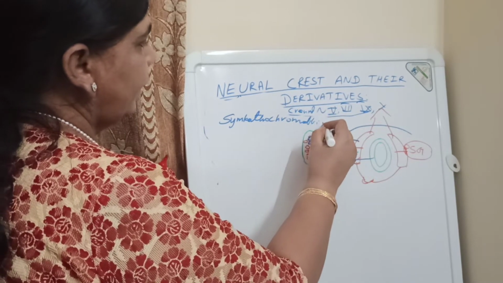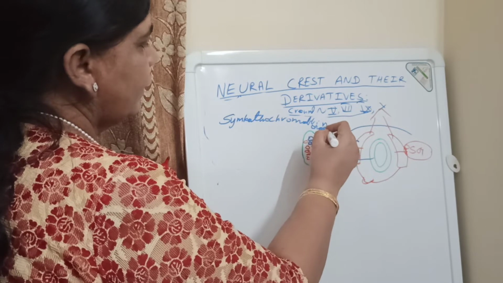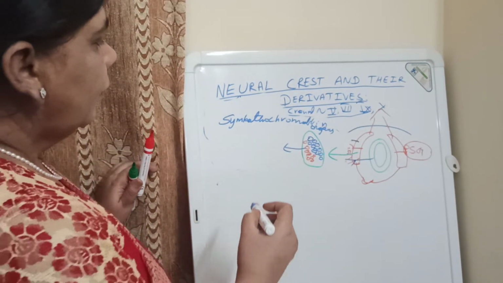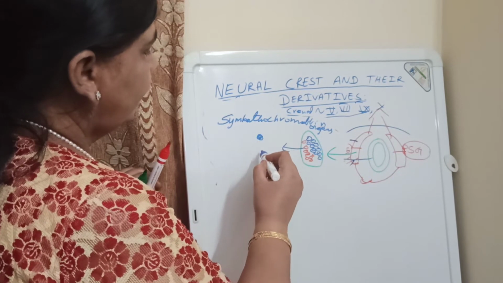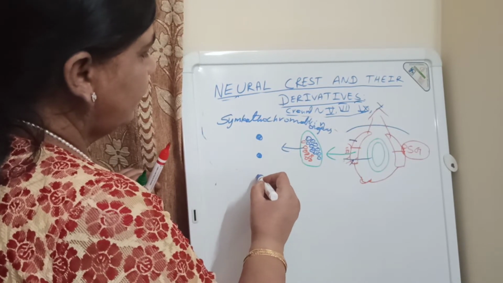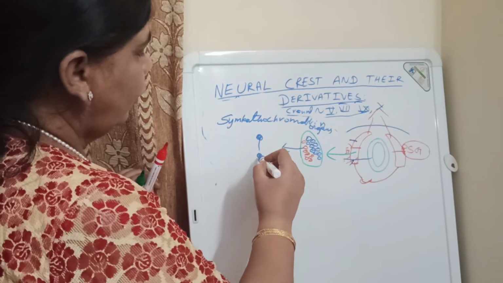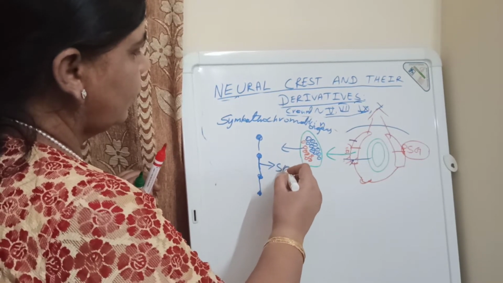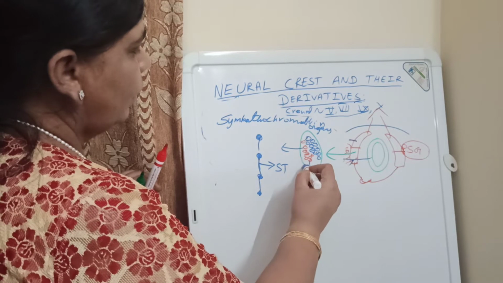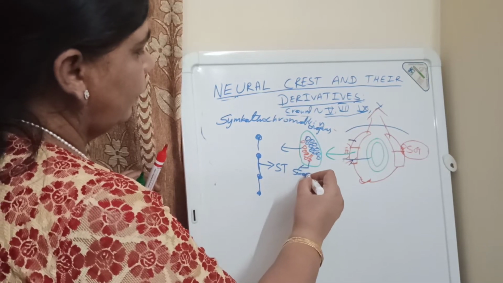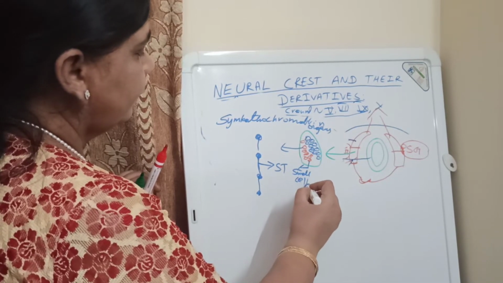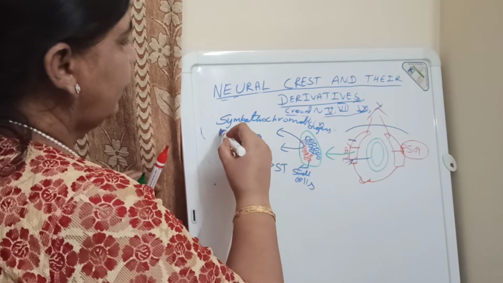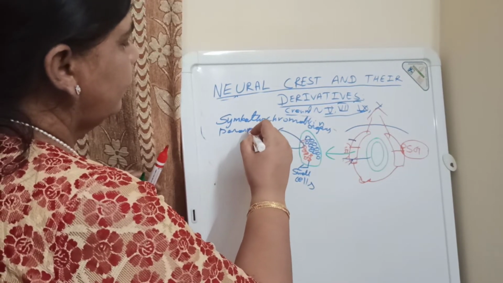So first we will take the small cells. If you see, they give rise to the ganglia of the sympathetic trunk, when they form the ganglionated sympathetic trunk also. So these small cells give rise to the ganglionated sympathetic trunk, and also the parasympathetic ganglia of the cranial nerves.